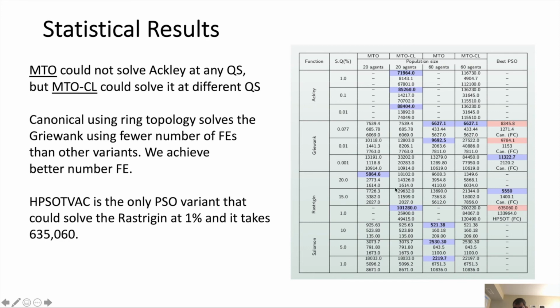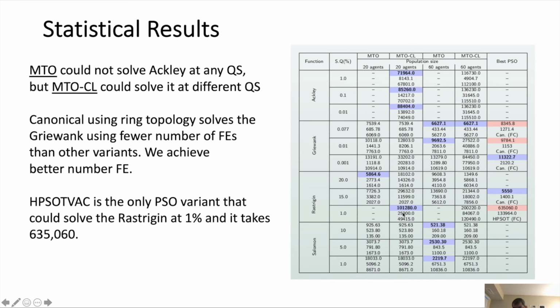We solve it in almost two cases better than the other PSO variants. And when we increase the solution quality to 1, we solve it using MTOCL with a number of function evaluations lower than the one solved using HPSOT, about 1/6.